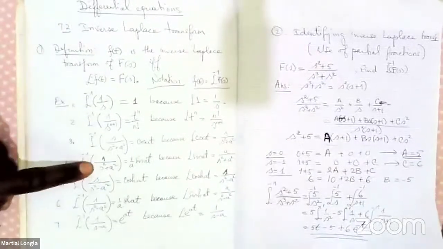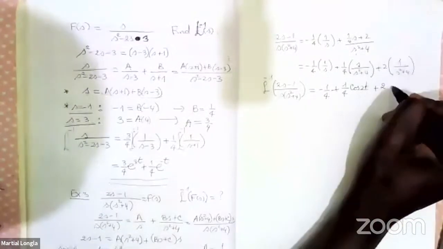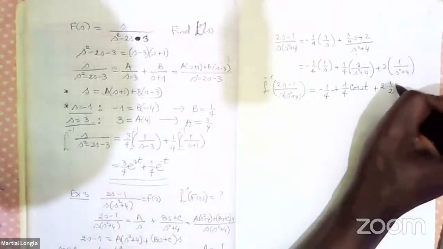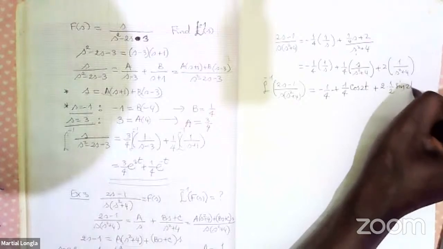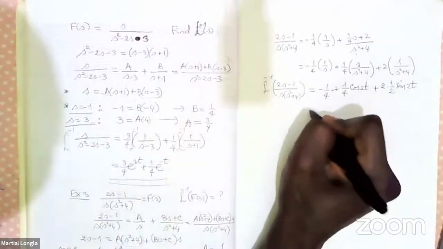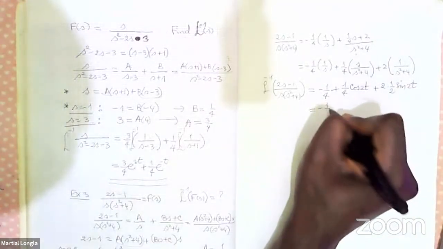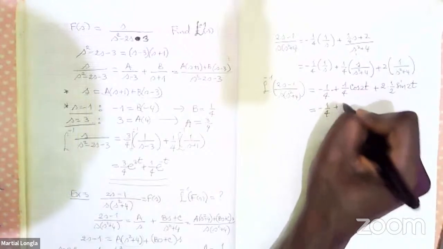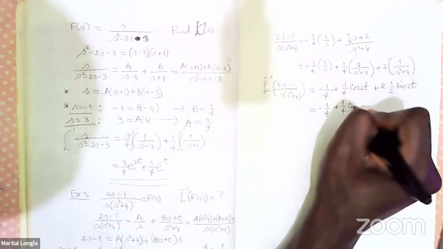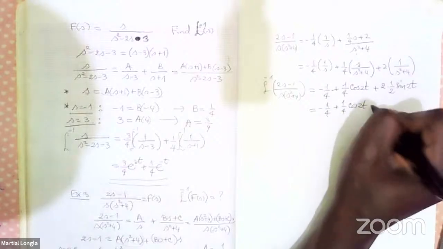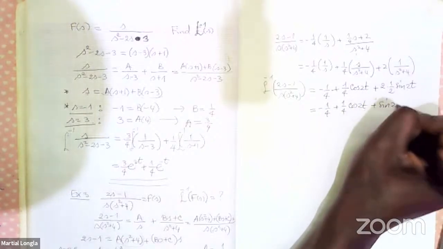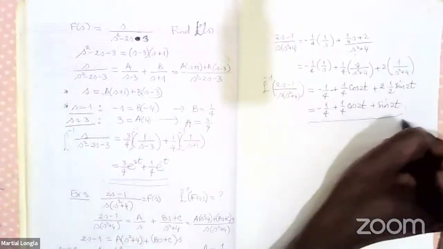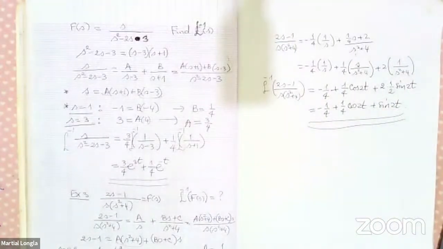Again, this page, that is 1 over a, and a is 2, so that's 1/2 sine 2t. And that simplifies to negative 1/4 plus 1/4 cosine 2t plus sine 2t. So that's the inverse Laplace transform in this case.